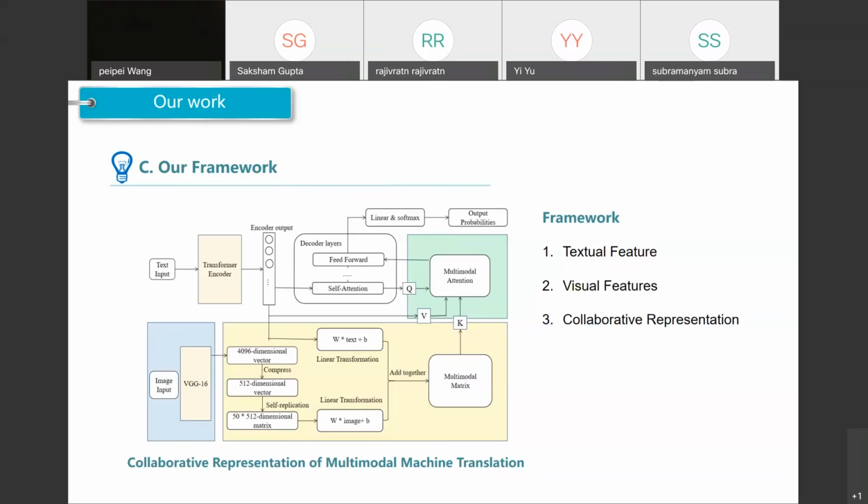We compress the 4096-dimension visual features related to each sentence into a 512-dimension vector. Then, according to the dimension of the text matrix, the image vector is replicated to form an image matrix of the same dimension.